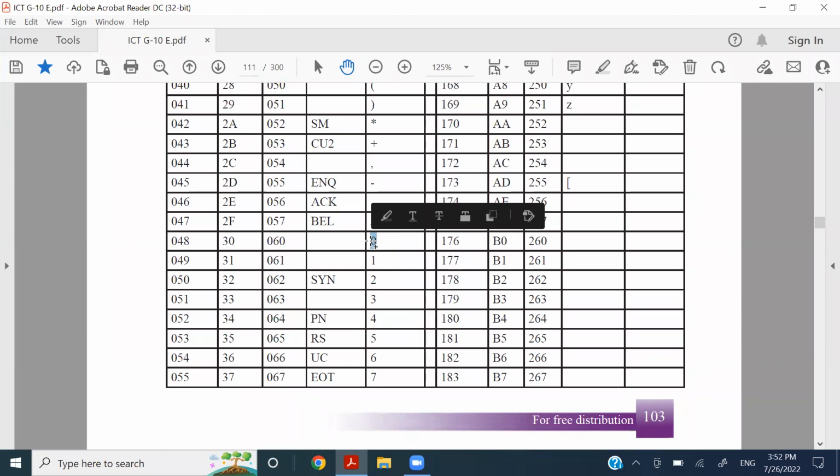Okay, reduce a little. Reduce it further. That's enough. Oh, that's too much.